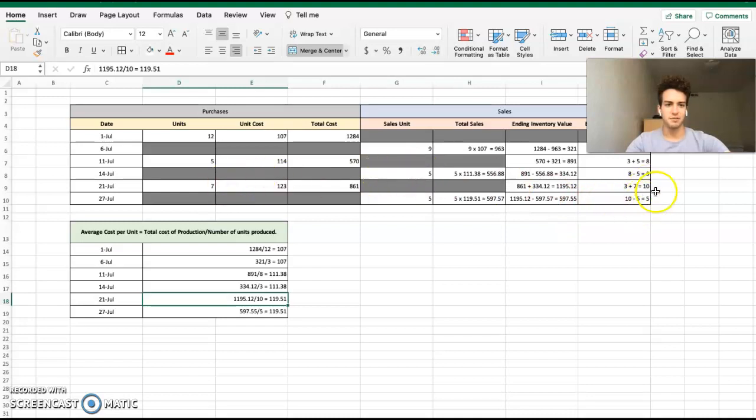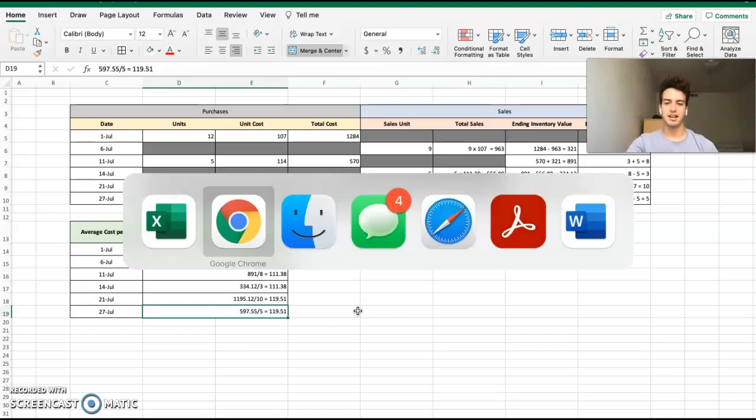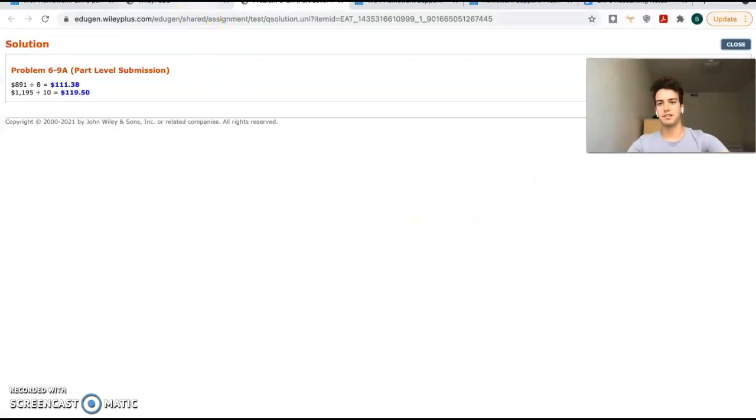Let's see, we had 10 left over last time, and we sold 5, so that will give us an ending inventory of 5. And so to find this answer, you do 597.55 divided by 5, and that will give you 119.51, or 119.50. And that is about it.